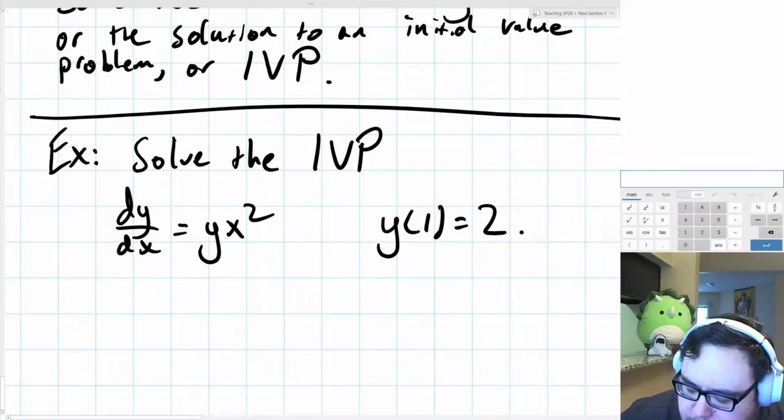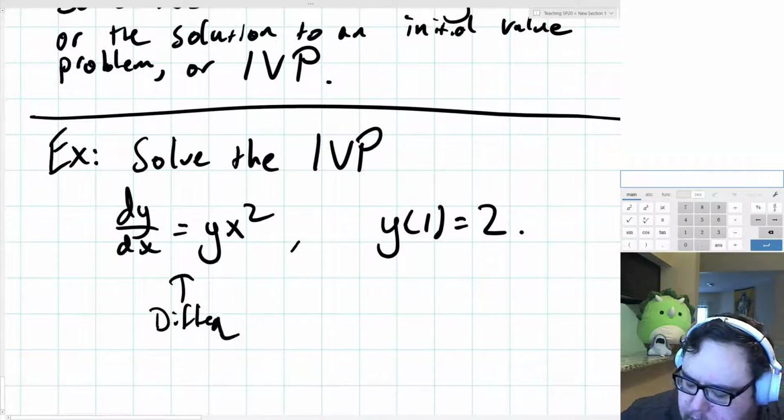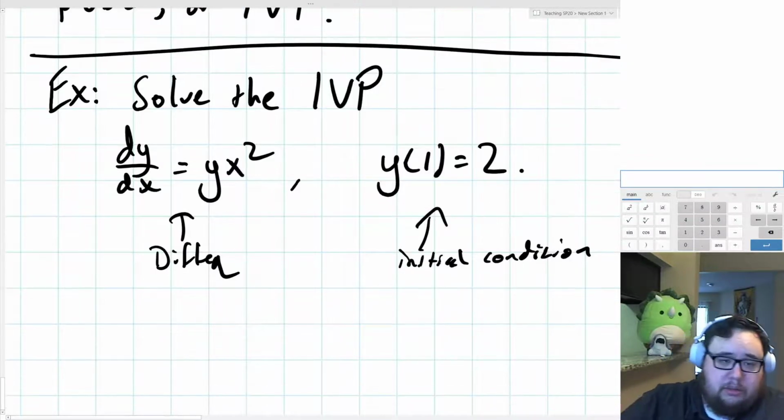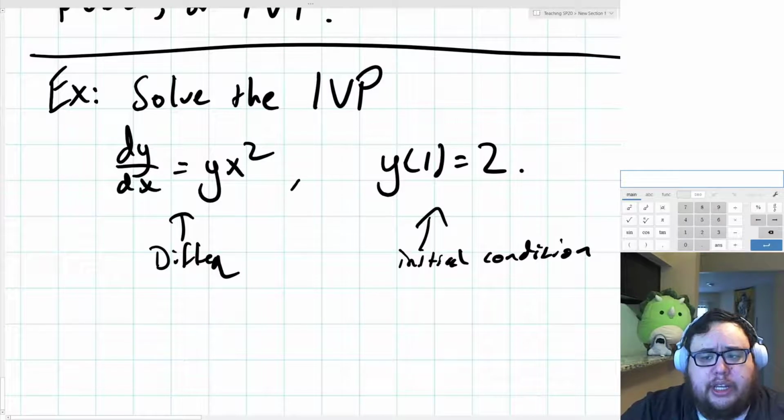So here, for an initial value problem, you're given a differential equation, and you're given an initial condition. And you can solve this separable differential equation, then solve for c, then give an actual single function as an answer.